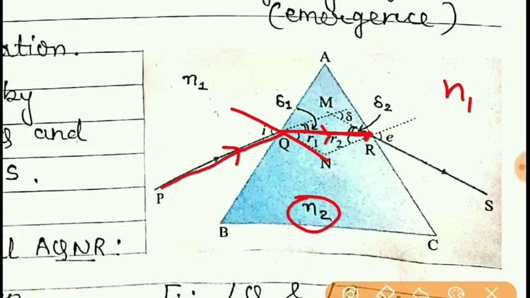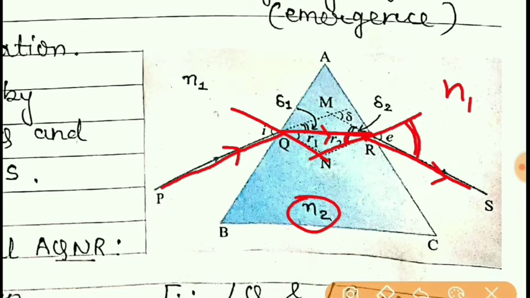At this point R, we will draw a normal. Normal is perpendicular to this AC. And so now this ray will bend away from the normal, and when it bends away from the normal, the incident angle is smaller and the refracted angle is larger.